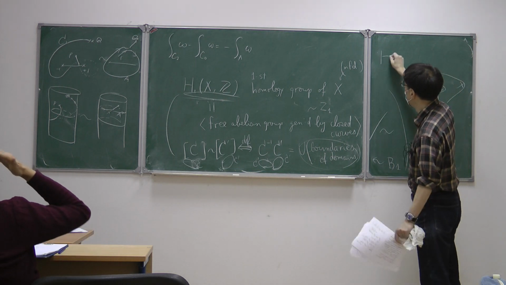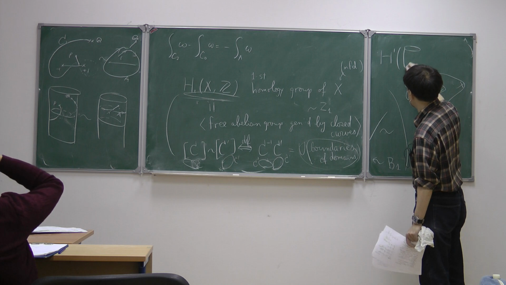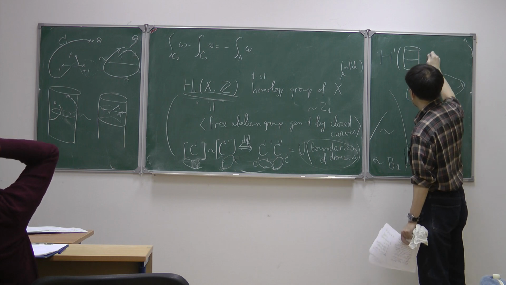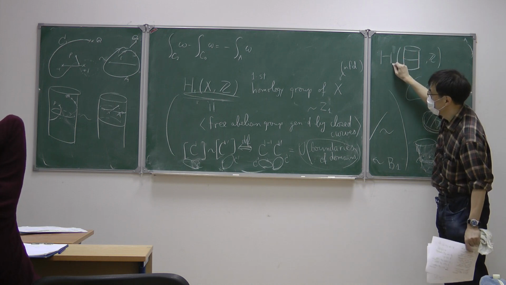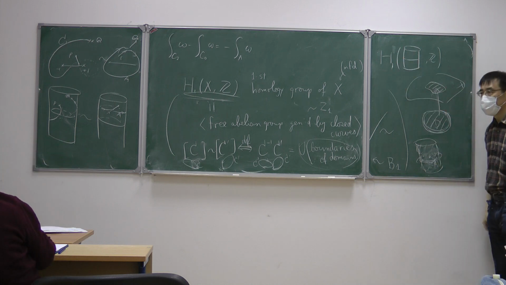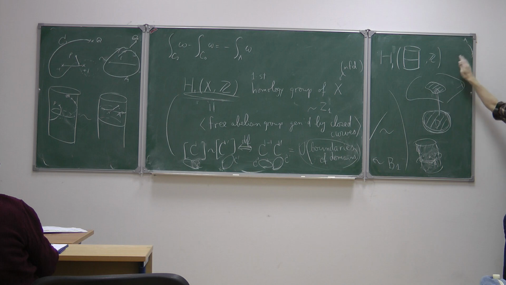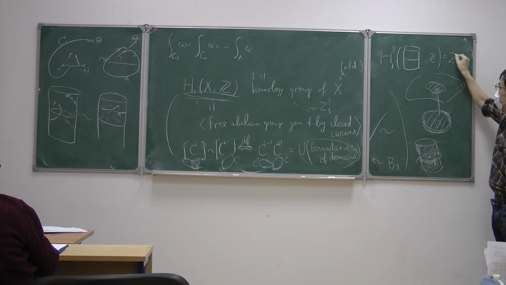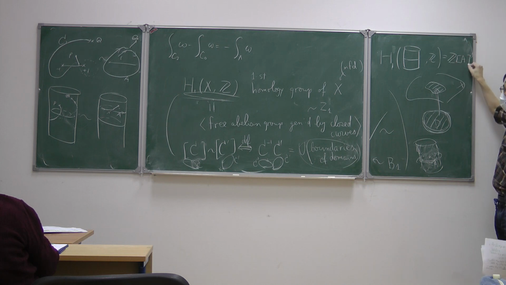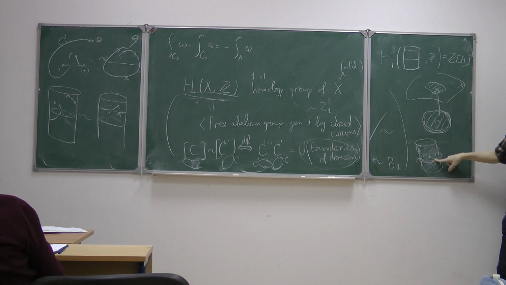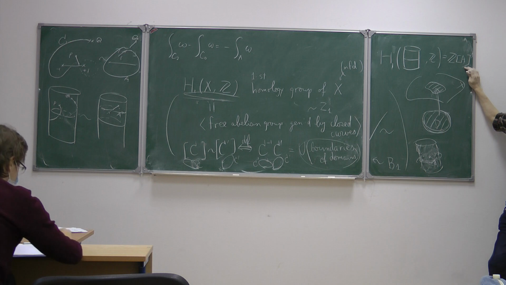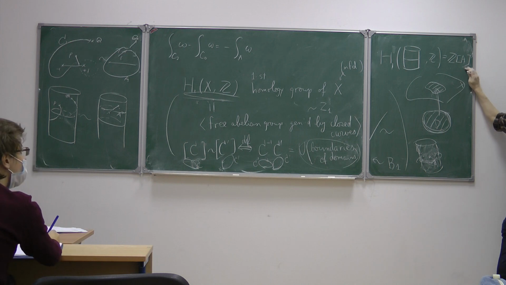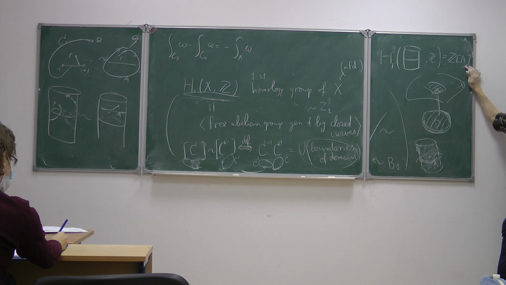Therefore the homology group of a cylinder is generated by this circle, and it is a rank 1 abelian group.